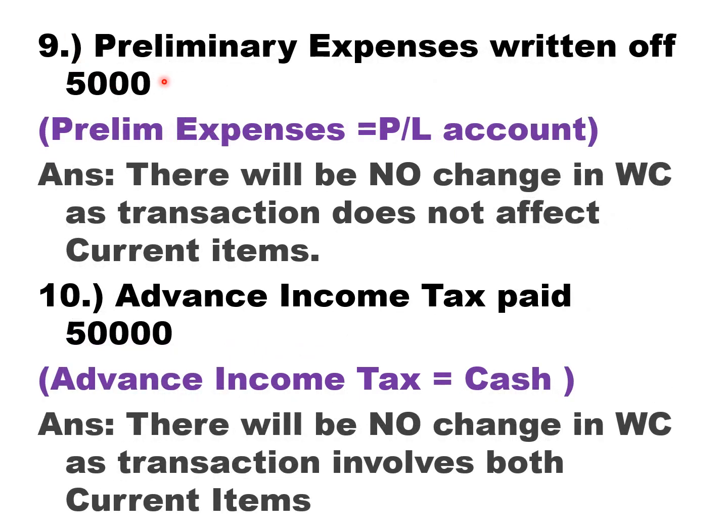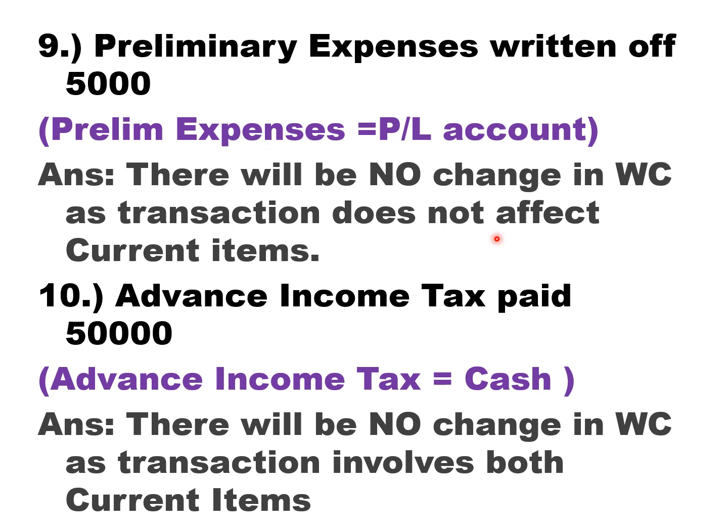Ninth one: preliminary expenses written off 5,000. When you write off preliminary expenses, the preliminary expenses account and the P&L account get affected. Preliminary expenses is a miscellaneous expense and loss, in short a fictitious asset.